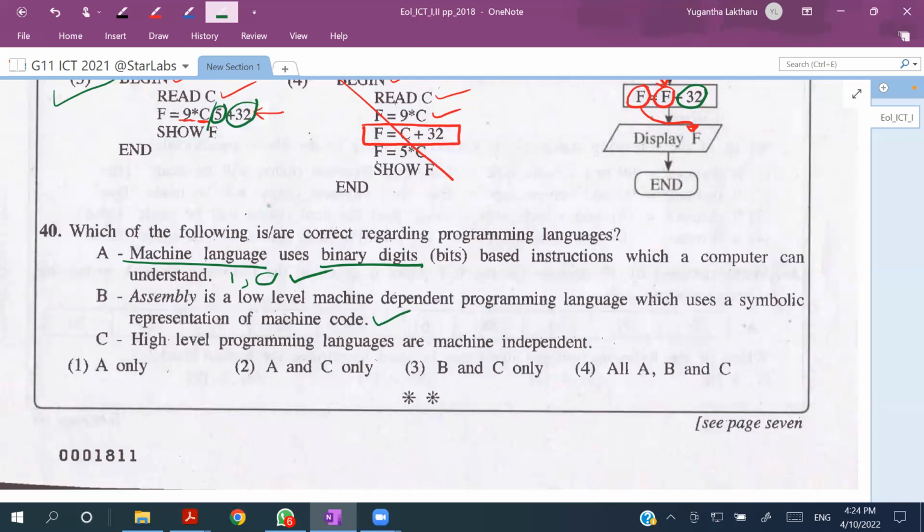So we can take that as correct. C: high-level programming languages are machine independent. Yeah, that is correct as well. So everything is correct. So the fourth one is going to be the answer. Yes, those are called mnemonics.